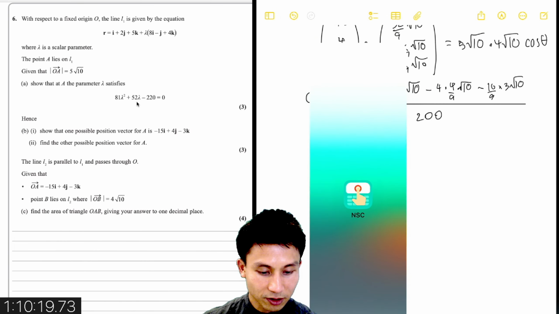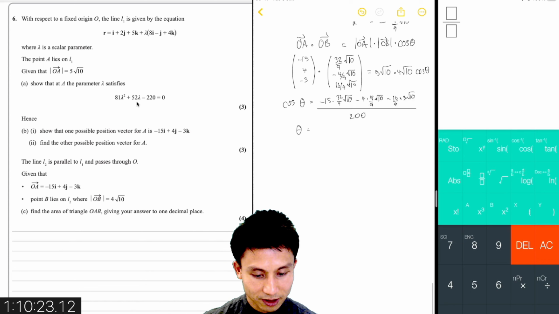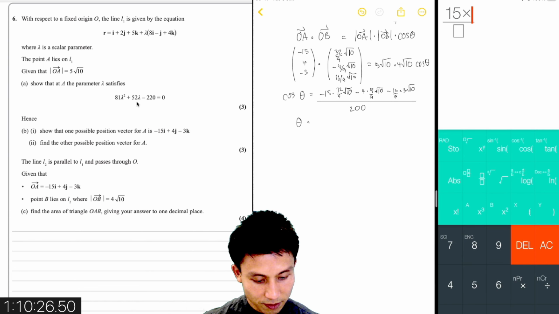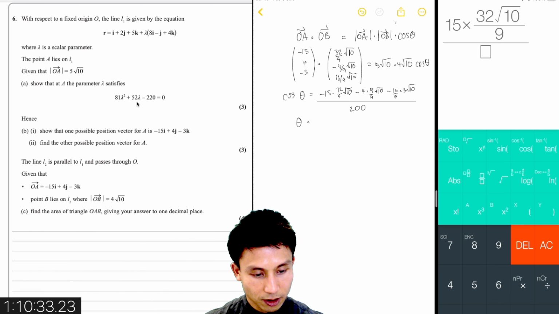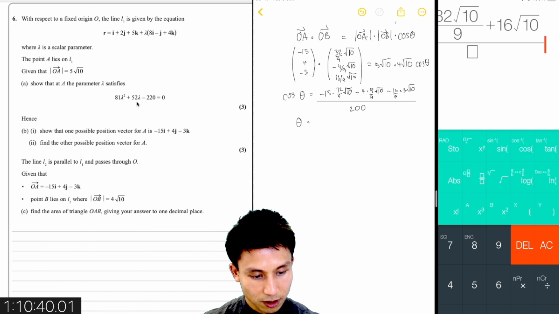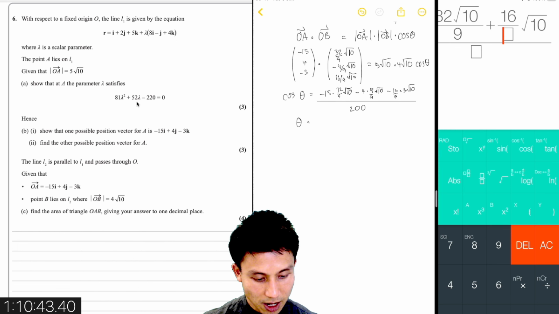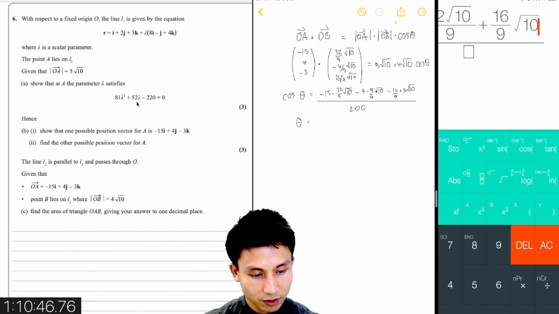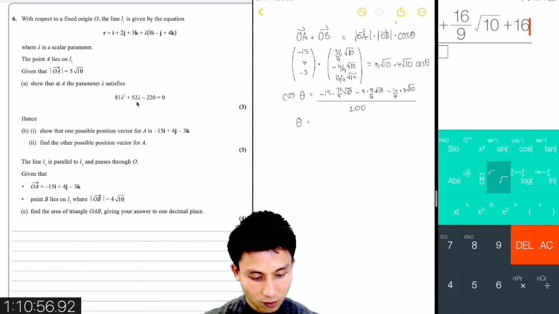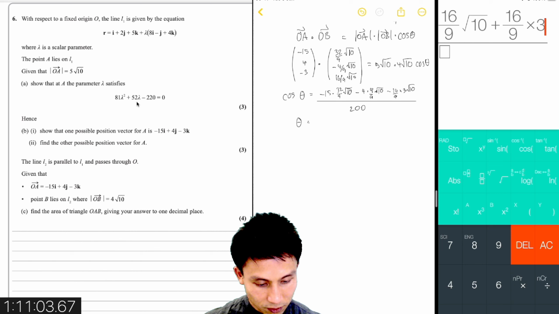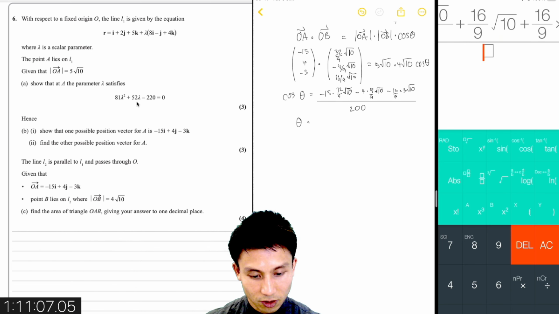So 15 times 32 over 9 root 10 up there, and then a plus 16 root 10 over 9, and then another plus, 16 over 9 times 3 root 10, and all divided by 200. It's a bit tricky here, this calculator.